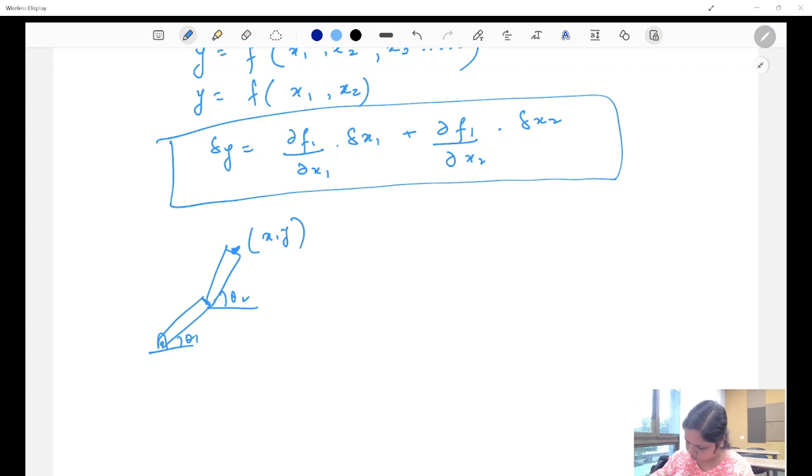In the last class we saw that we use forward kinematics and inverse kinematics.